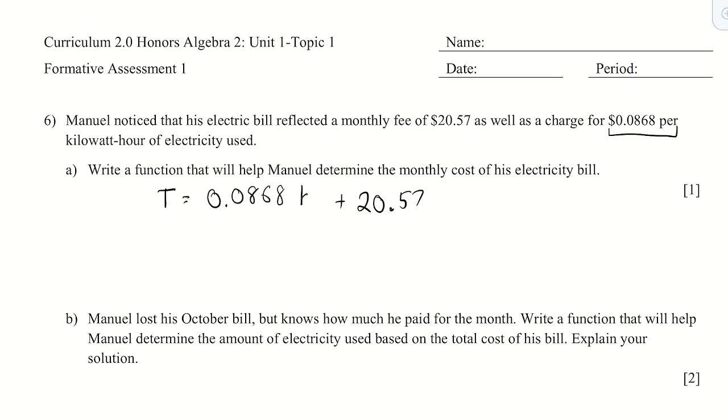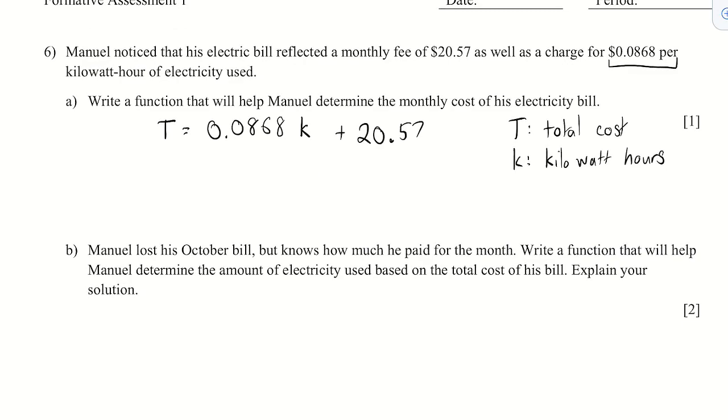I'll say K for kilowatt hours. By the way, I'll also say T is going to be my total cost, so that I have my variables organized, and then K is going to stand for the kilowatt hours. Okay, so there's my function that relates the whole electric bill.